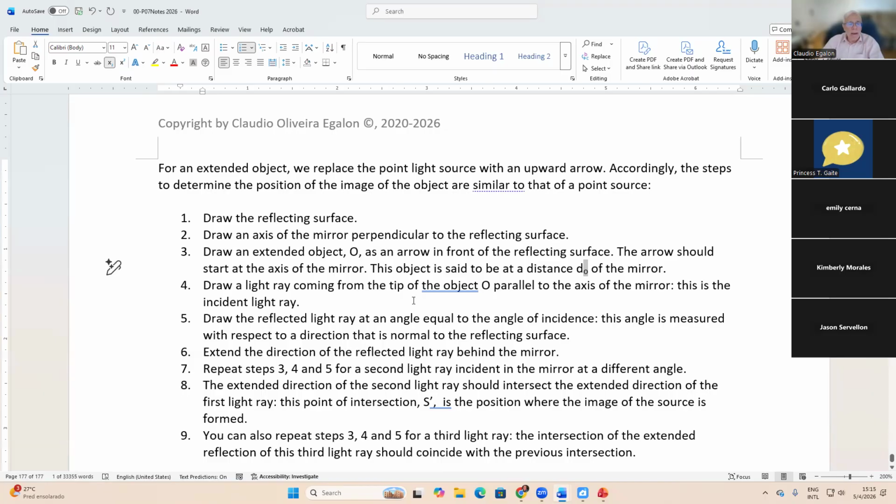Draw a light ray coming from the tip of the object O, parallel to the axis of the mirror. This is the incident light ray.